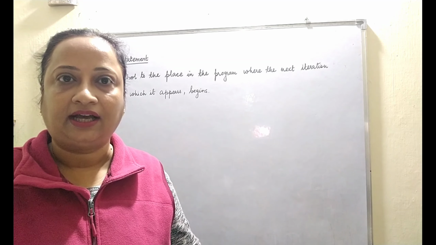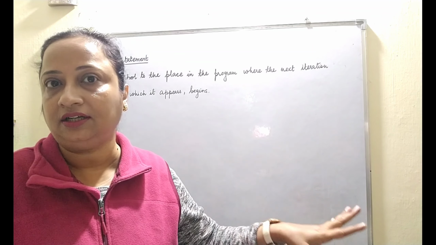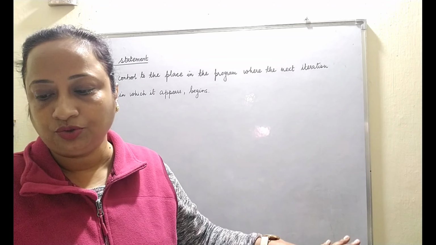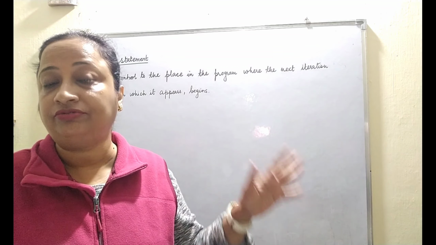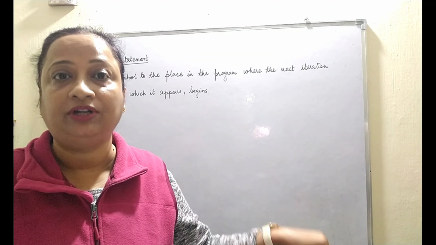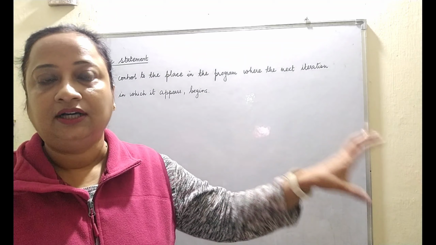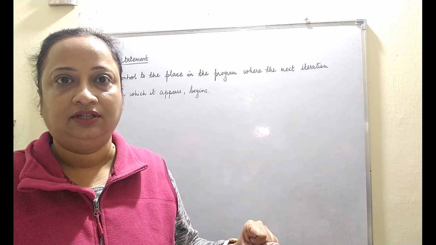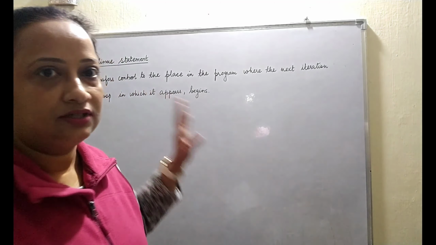In that case, you want to continue running the loop but stop processing the remaining part of the code in its body for this iteration. Then we use the continue statement.